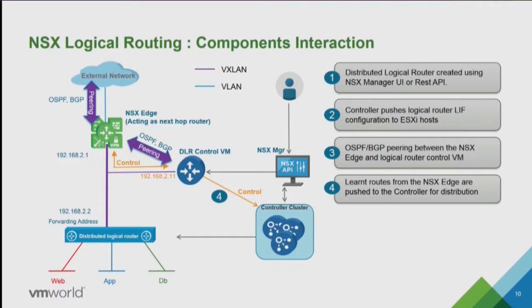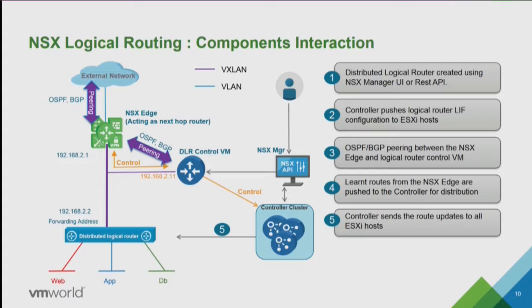The point is that from there, we have not pushed any information to your hypervisors. So the hypervisors need to know all the networks that he has learned from the edge. So it's pushing that toward the controller cluster. And the controller cluster, again, pushes it back to all the hypervisors. So here it's pushing really the FIB towards each and every one of the hypervisors.